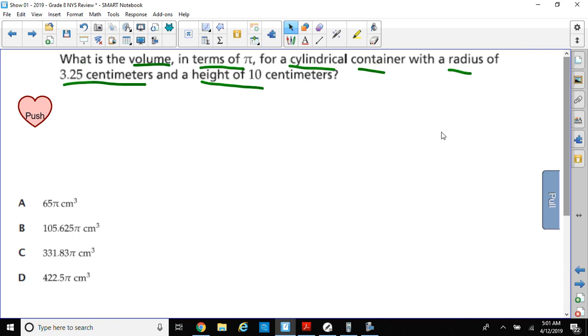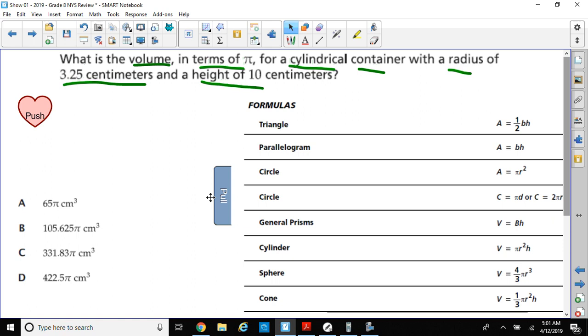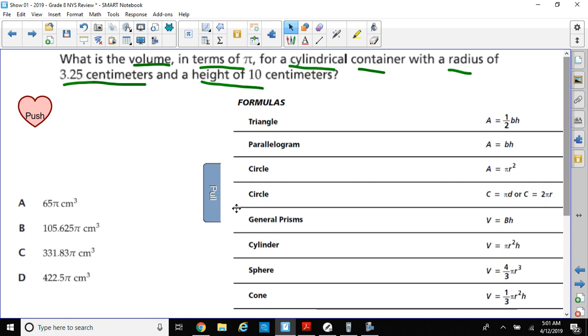What's nice about the state test is they give you a formula reference sheet that has all those formulas on it. Cylindrical, they're talking about the cylinder, so just be careful of the spelling. And there's the V, and there's the formula for volume. V equals pi r squared h.